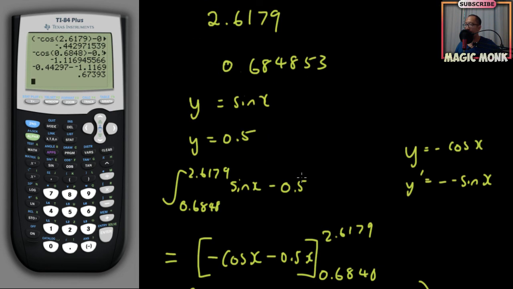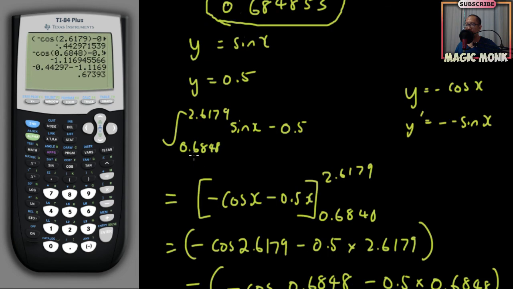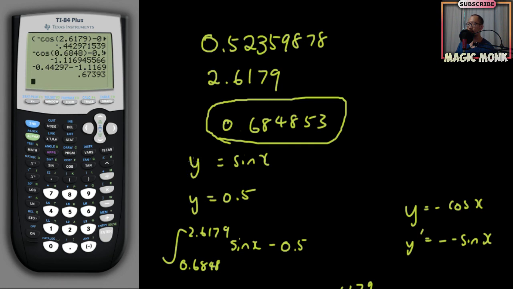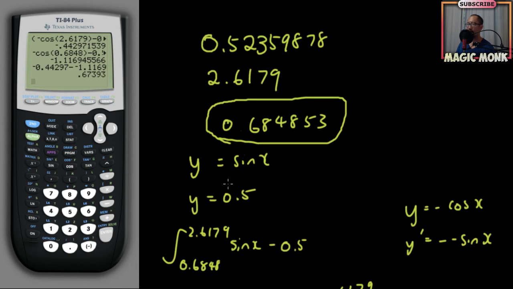Was that the area? It was pretty close. So I'm guessing the error was from my rounding, because I had to round. But where is it? 0.6848, 0.67.